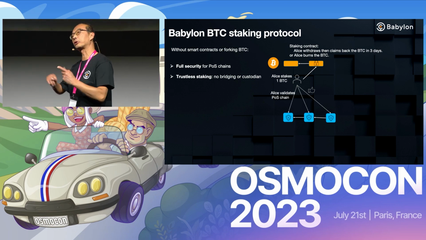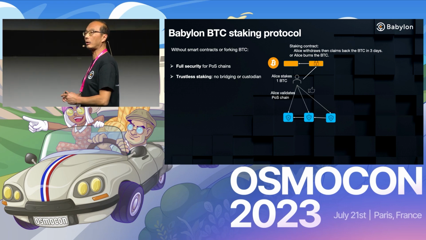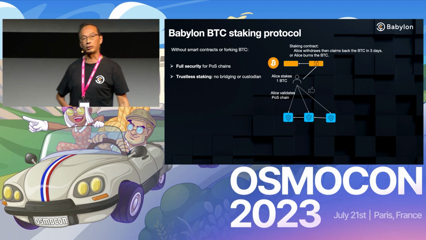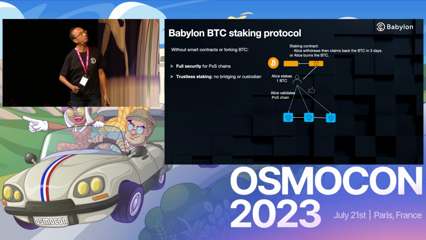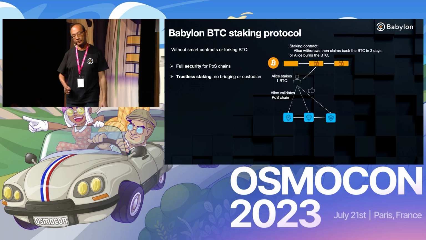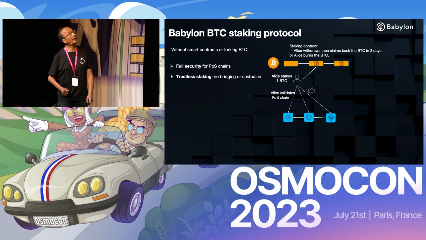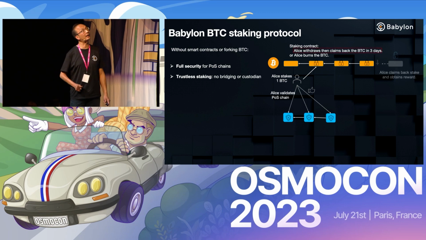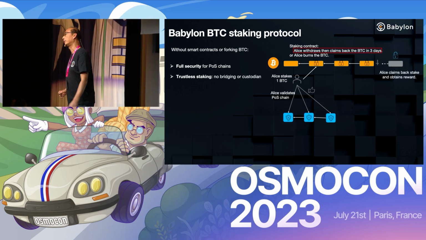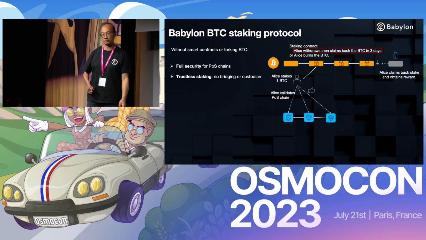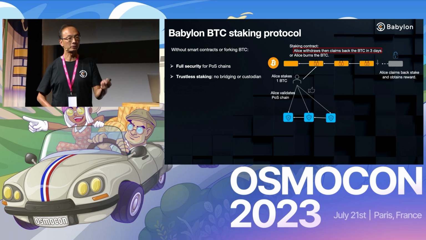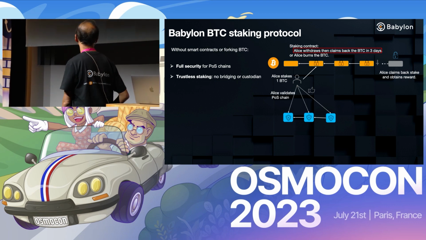That's the connection between validating the proof-of-stake chain and the contract on the Bitcoin chain. Now, if everything goes well, in other words, Alice is honest, then it will keep on going until she withdraws and gets the money back, and will obtain some reward from, say, the Osmosis chain. Happy, goes back. The Bitcoin goes out of the staking contract, done.